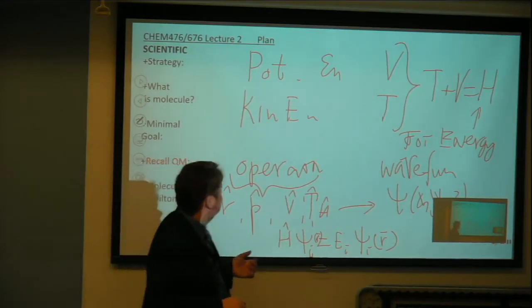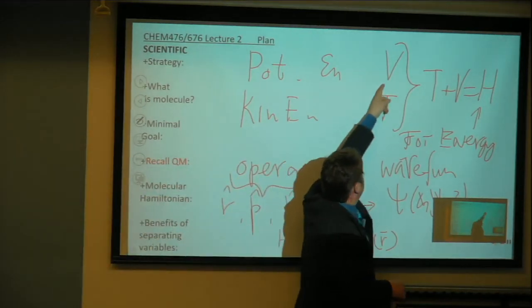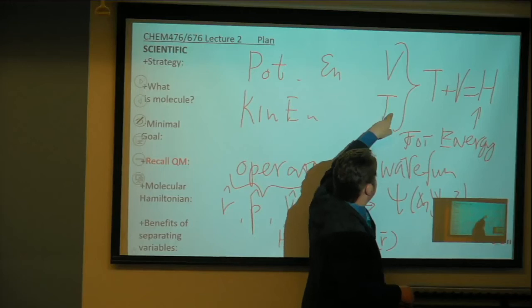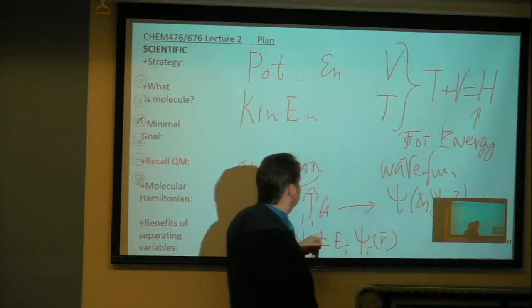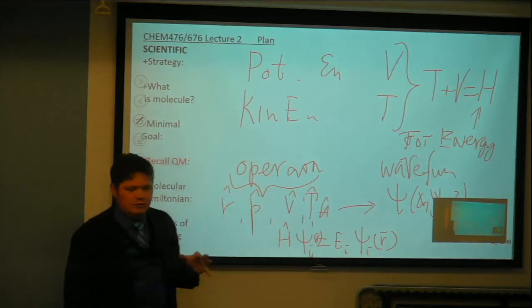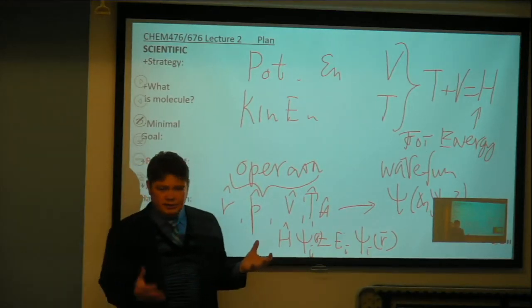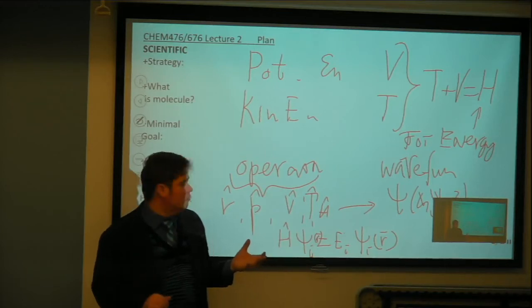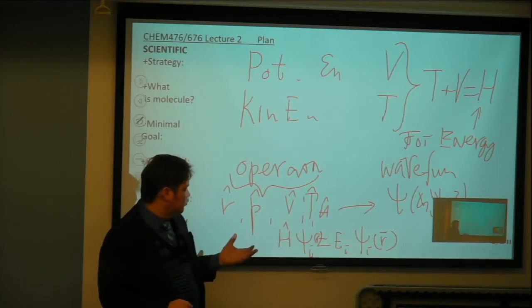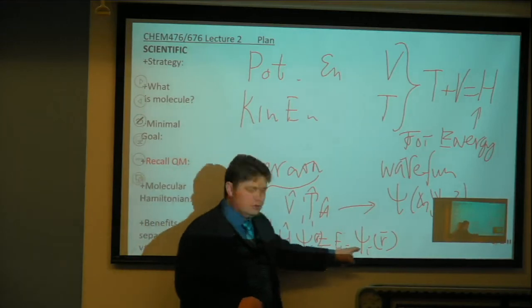So we set up potential energy, we set up kinetic energy, add them together and form the total energy, the Hamiltonian. And then if we want to do molecular dynamics, we just apply Newton's second law, taking the derivative over position to get force. Or if you want quantum properties, we plug this Hamiltonian into the Schrödinger equation.